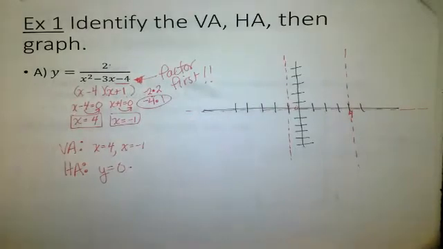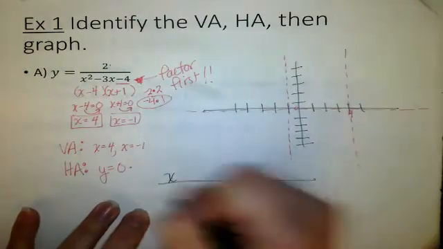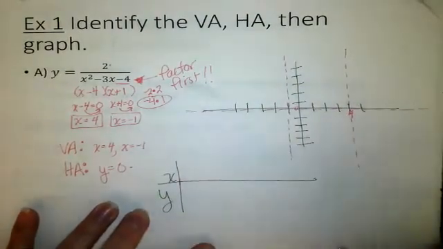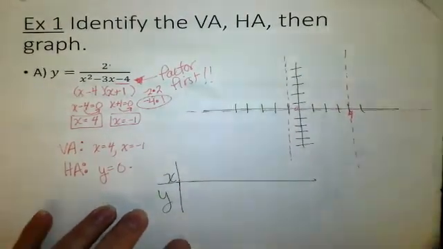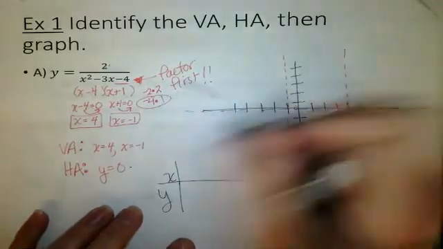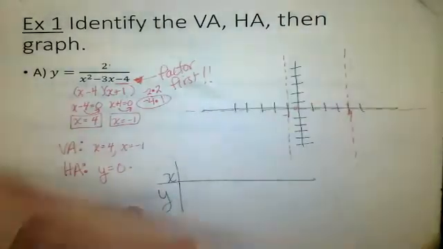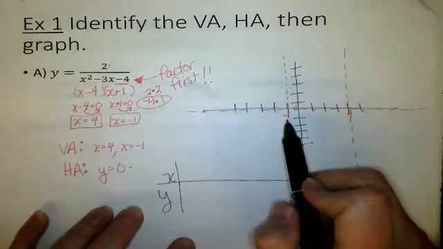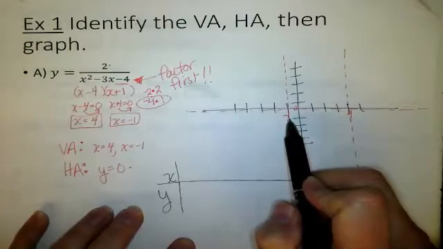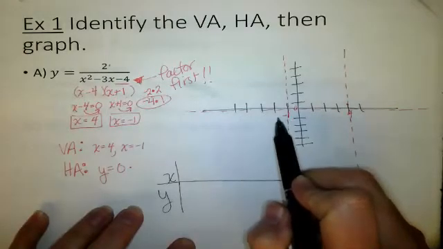Just like before, we need some values for x and y. So we're going to create an xy chart. Just like before, we choose our x values based on our vertical asymptotes. So I'm here at -1. What's to the left? -2.